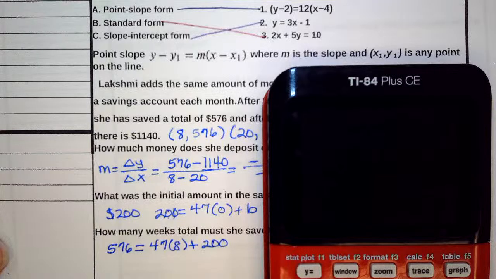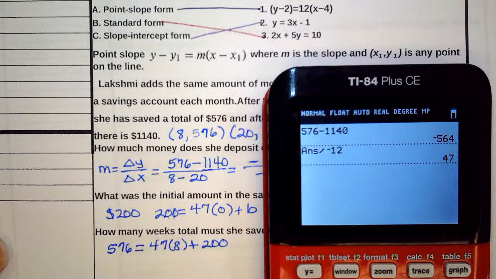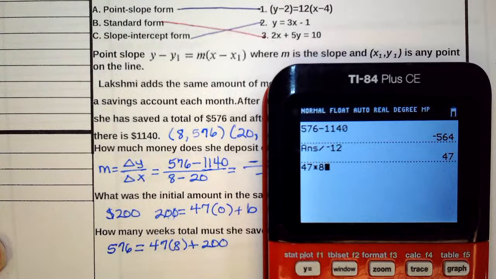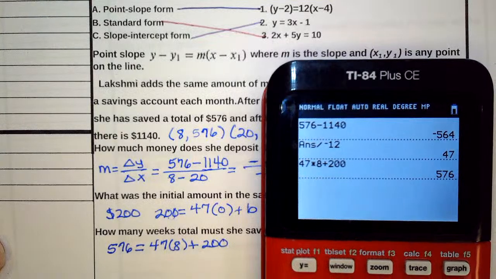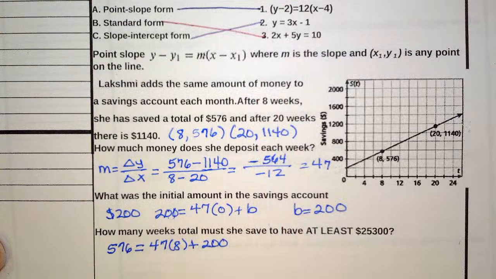So 47 times 8 plus 200, and I get 576, so I do know I've got that correct.